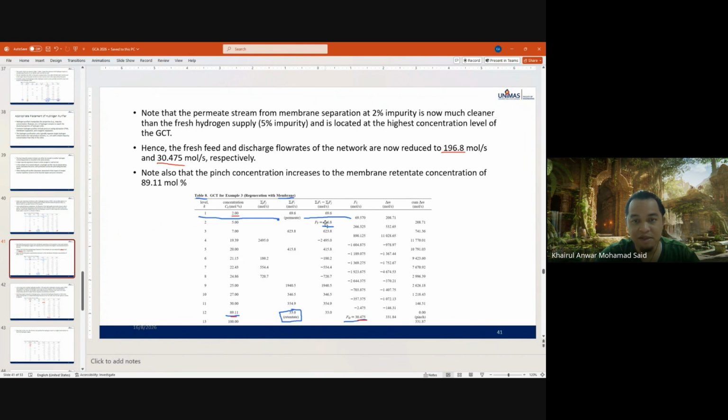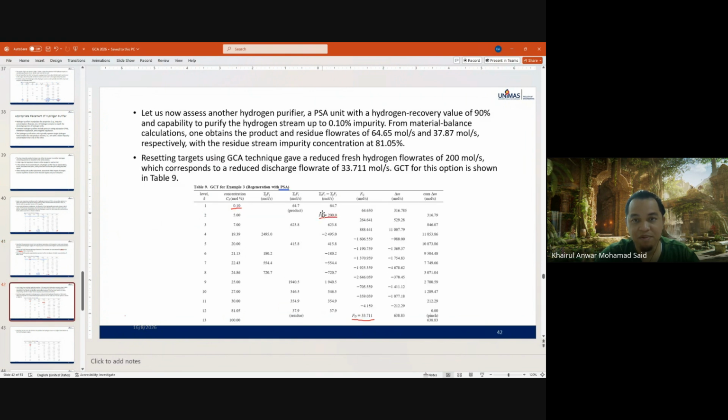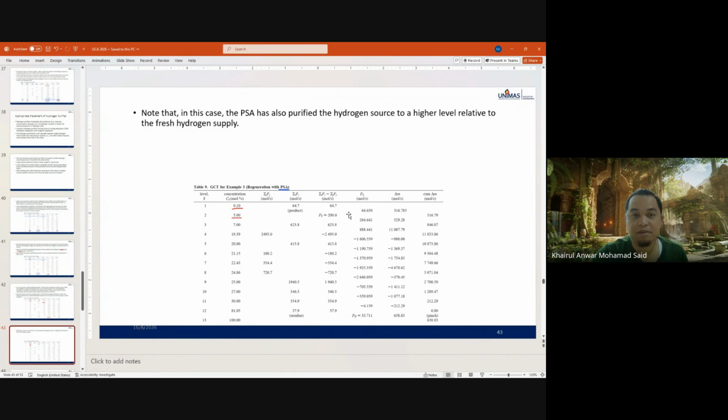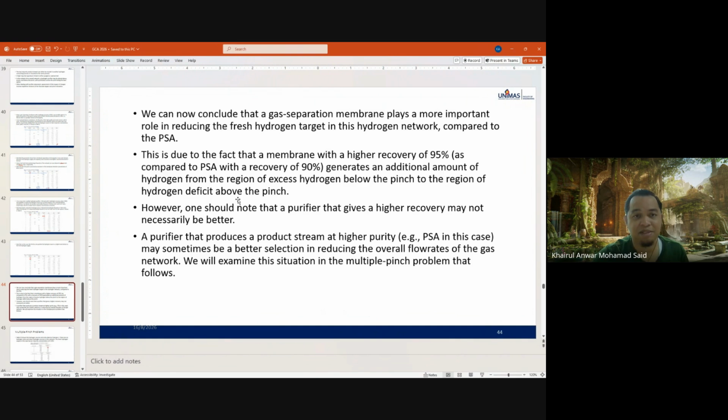Membrane only requires 196, but if you choose PSA as the purification equipment, you need 200 mole per second of hydrogen. So although it can purify up to 0.1%, which is very impressive.